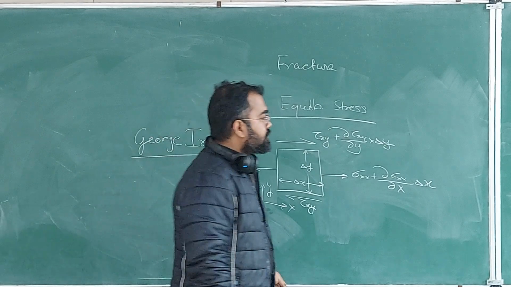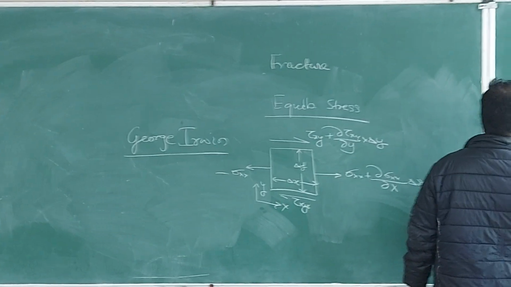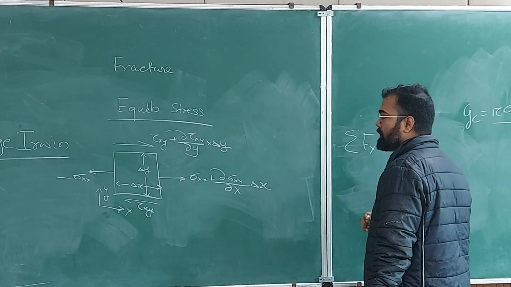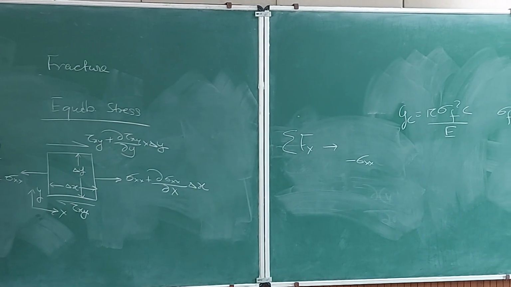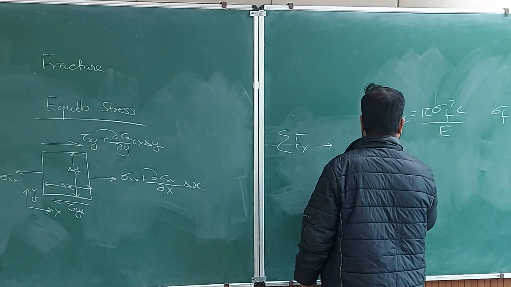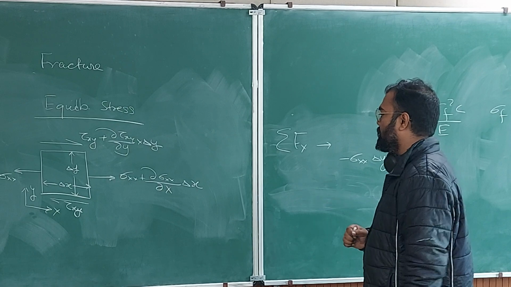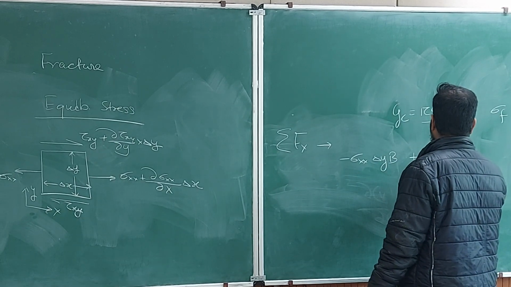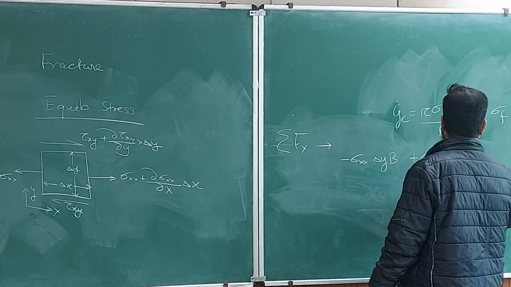So if you do force balance, what will you get in the x direction? We will have minus sigma xx into the area. What is the area on which it is working? Delta y into b, delta y into the thickness of the body. And then we have sigma xx plus del sigma xx by del x, delta x.